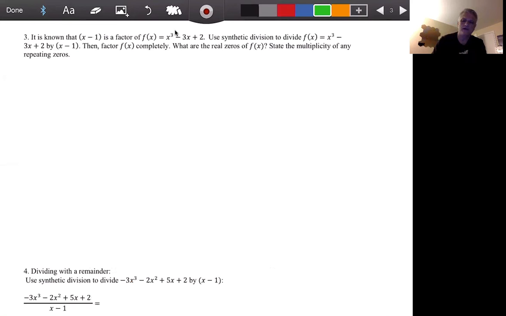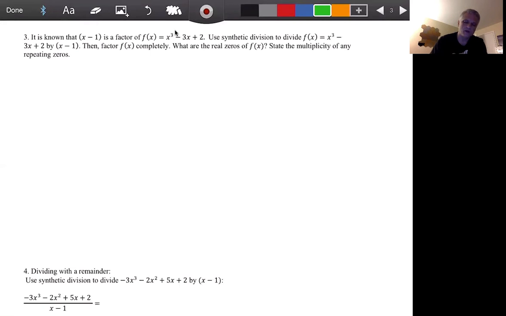Okay, we're halfway there. So number 3, it is known that x minus 1 is a factor of this polynomial. Use synthetic division, and then factor it again. So the same exact thing that we did before. Then they're going to ask us to state multiplicities, which we looked at in previous notes.